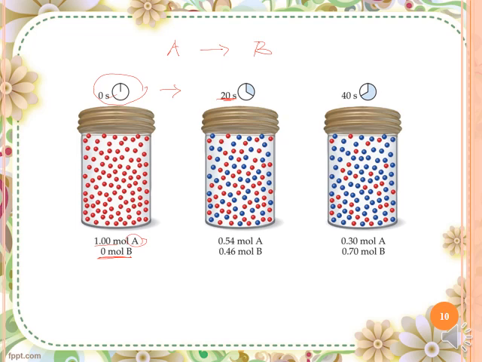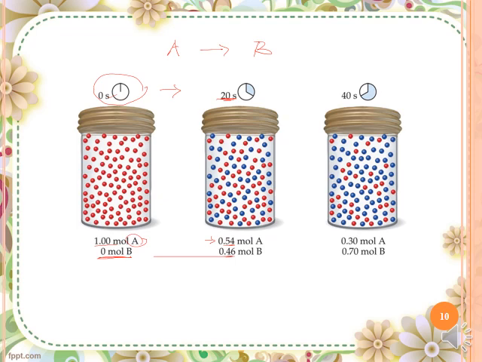So note that the number of moles of A decreased is the same as the amount of product B formed.